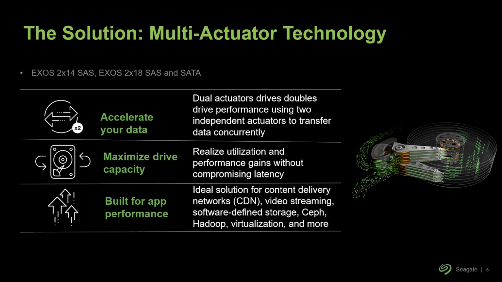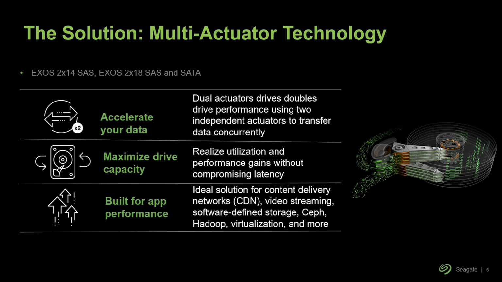The upper half of the actuator only addresses the upper set of platters, and the lower actuator only addresses the lower region. No single surface area is serviced by two actuators. So we have these two distinct, what we call upper and lower, actuators on the drive, and that's how the technology works.